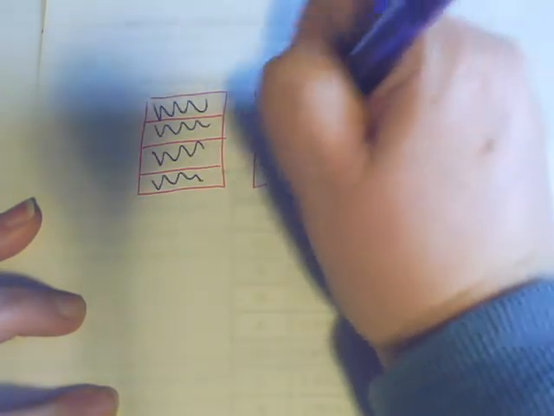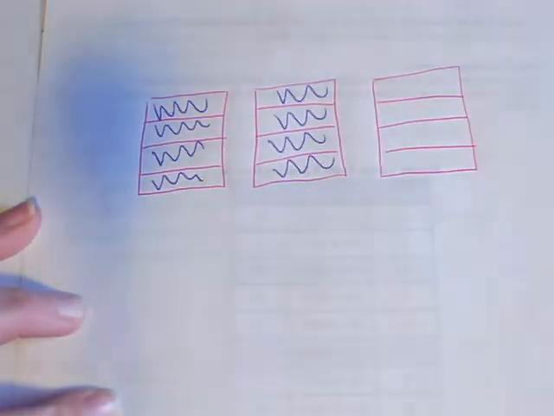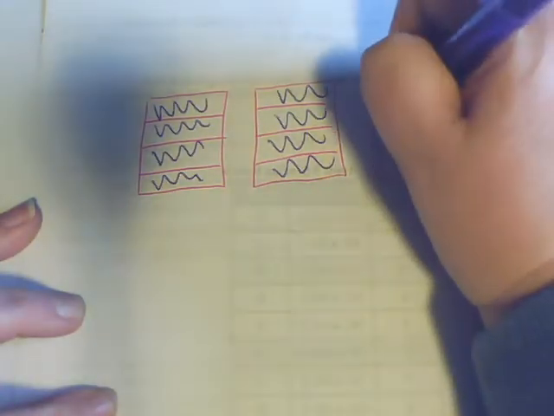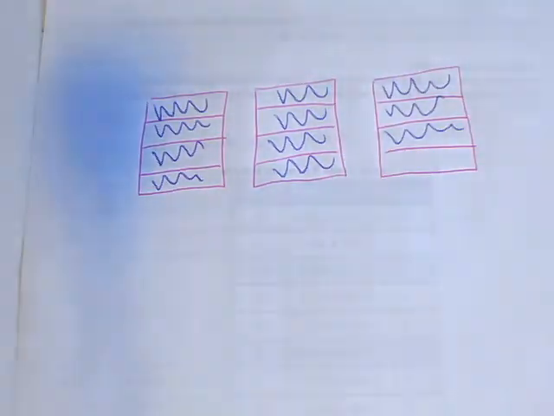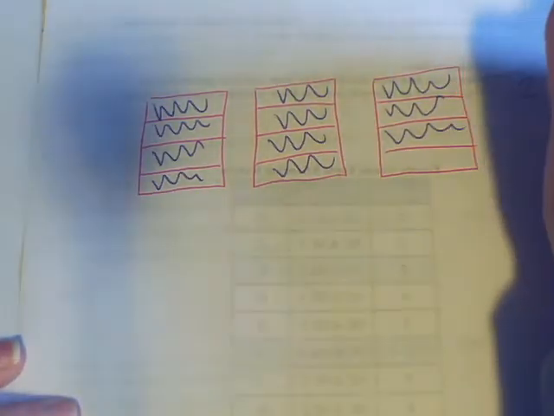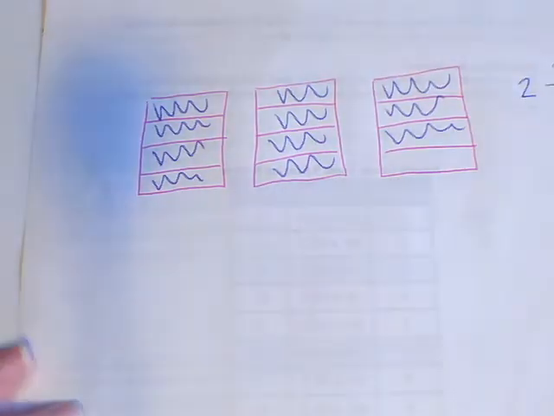Now I have to split them into fourths. So this whole one is going to be shaded in. That equals my 2 wholes. And 3/4. So I have to shade 3 parts of my last one. So that's going to show the 2 3/4.